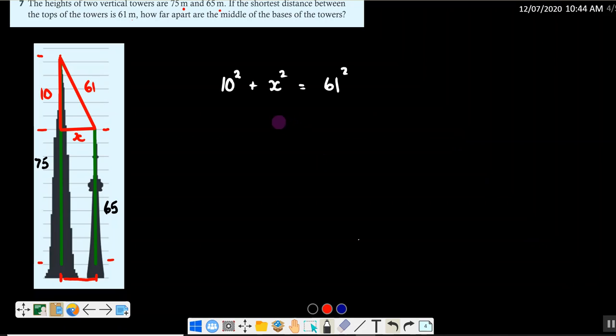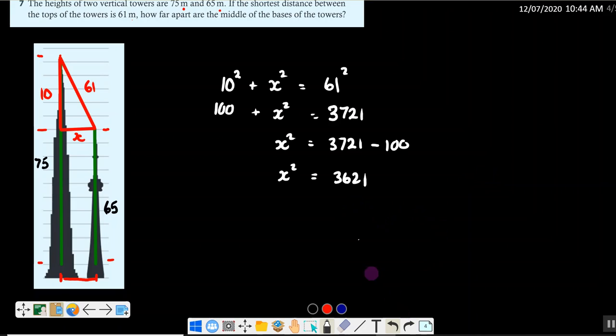Okay, so we've got 100 plus x squared is equal to, what do you get, 61 squared is? Then we've got x squared is 3721 subtract 100. So that is 3621. Then x is the square root of 3621.